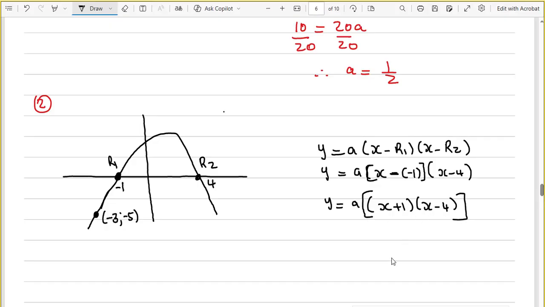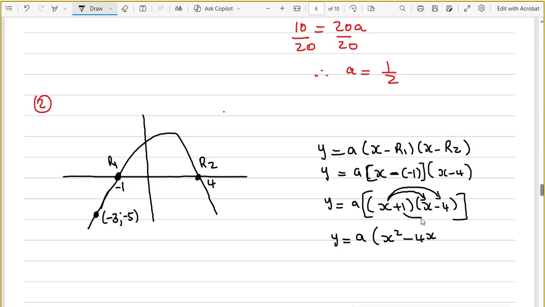You're going to multiply out the bracket using the FOIL method. It's going to be x times x, that's x squared. x times minus 4, that's minus 4x.